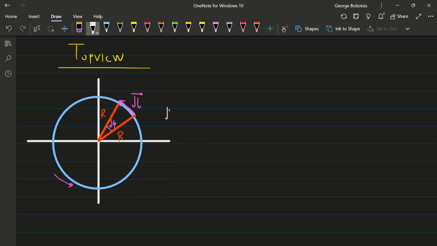So there goes the dL. It is R d phi, and since it's counterclockwise, it is in the phi hat direction. Nice. That's how you get dL. We only want the size, though. We don't care about the direction, so omit the direction.